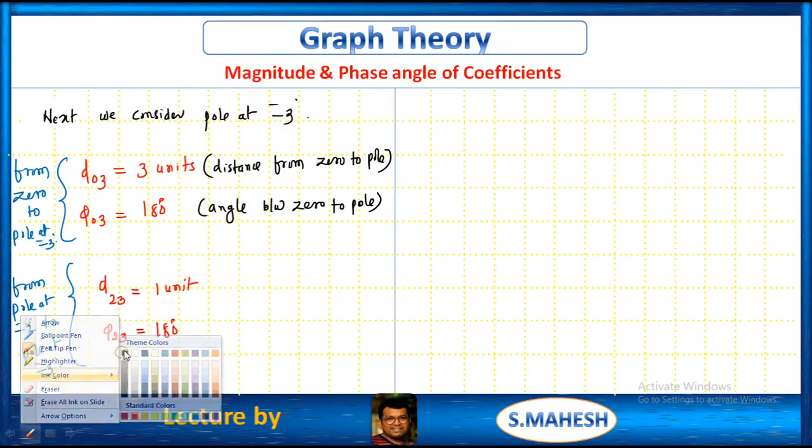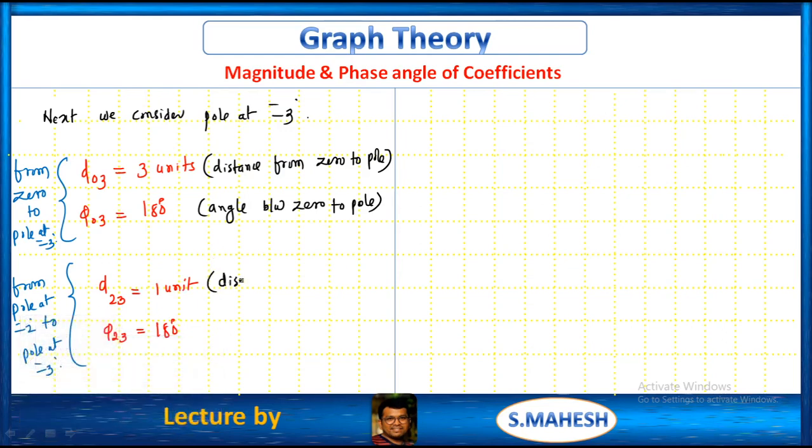So finally this is the distance from minus 3 to minus 2. This is the angle between minus 3 to minus 2.